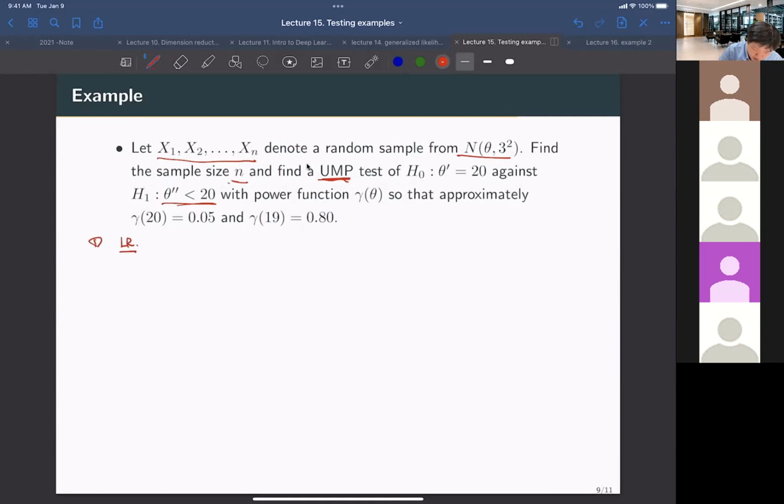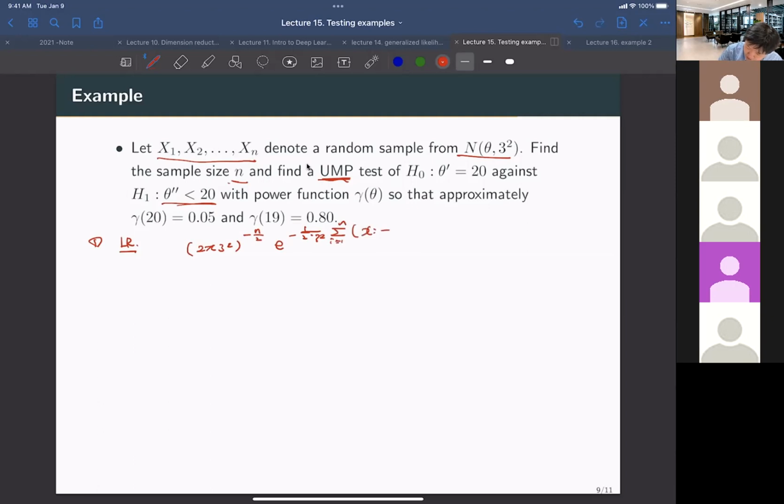So (2 pi sigma square) to the minus n over 2, e to the minus 1 over 2 sigma square times summation of i equals 1 to n, xi minus mu 0.